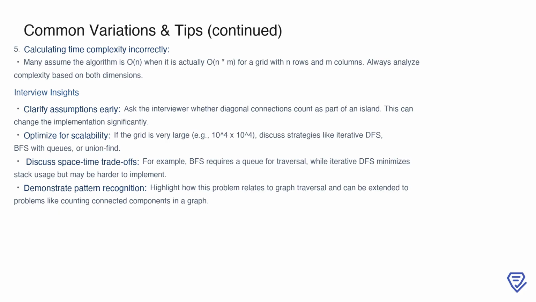It's also important to address space-time trade-offs. For instance, BFS requires extra memory for its queue, while iterative DFS minimizes stack usage but may be harder to code. Lastly, demonstrate pattern recognition by relating this problem to other graph traversal problems, such as counting connected components in a graph, to showcase your broader understanding.